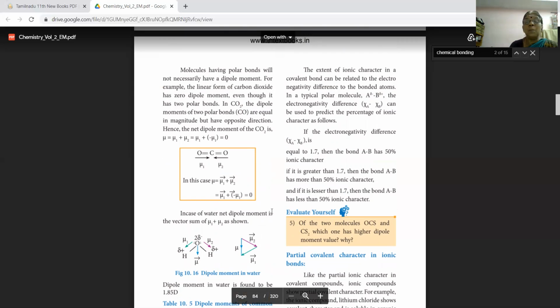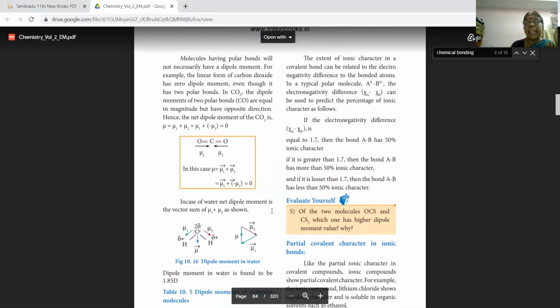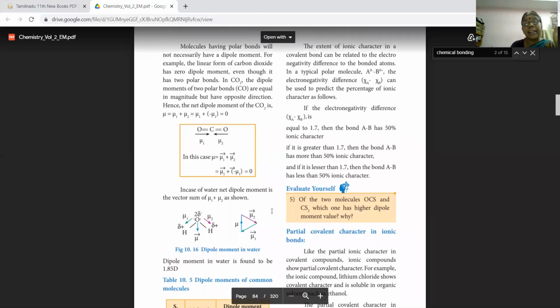In a typical polar molecule A-B, A has a fractional negative charge and B has a fractional positive charge. The electronegativity difference, Xa minus Xb, can be used to predict the percentage of ionic character. If the electronegativity difference Xa minus Xb is equal to 1.7, then the bond AB has 50% ionic character.